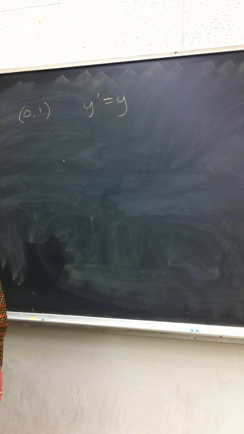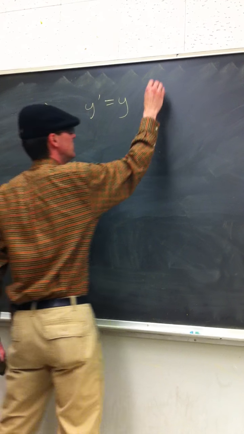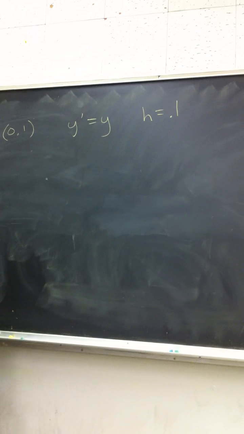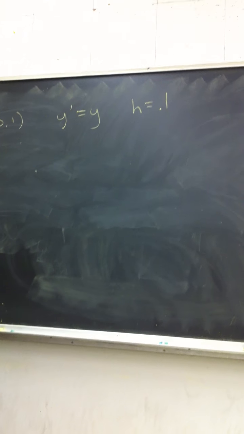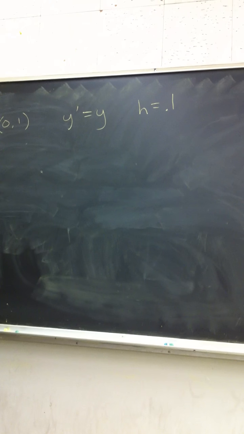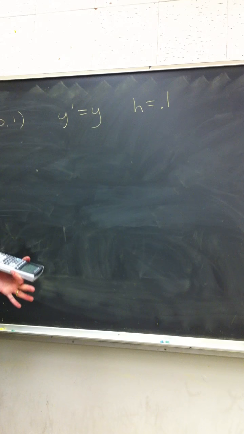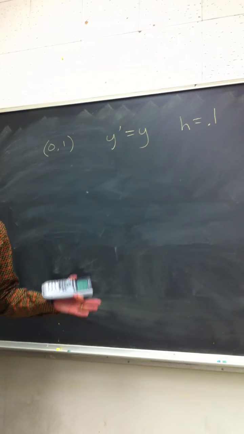And the change is h. We're going to change by h's of 0.1. Agreed? Okay. So at the starting place, we need directions. We need to know where to go.